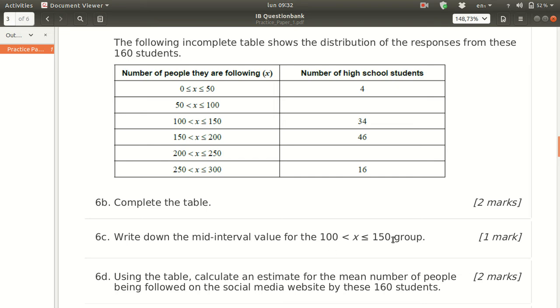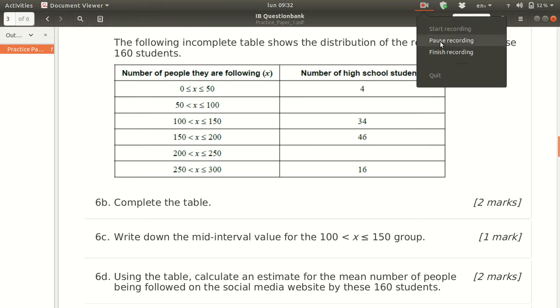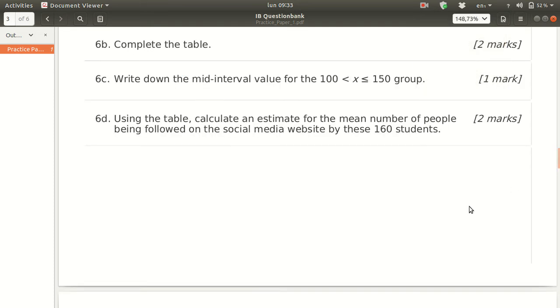So 100 plus 150 is 250, and then divide it by 2, which is 125. Okay, and the last one, using the table, calculate an estimate for the mean number of people being followed on the social media website by these 160 students.